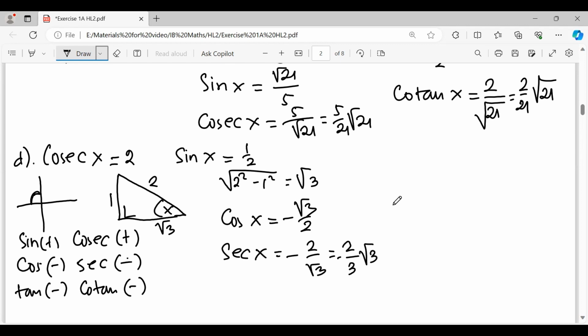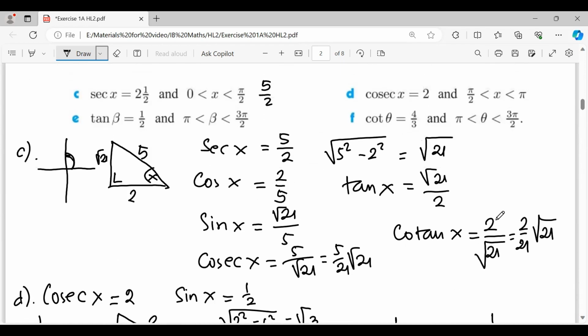After that, tangent x is negative. Okay. Tangent 1 over root 3, or you may simplify it like this. Cotangent is minus, the opposite of tangent, root 3. Okay.